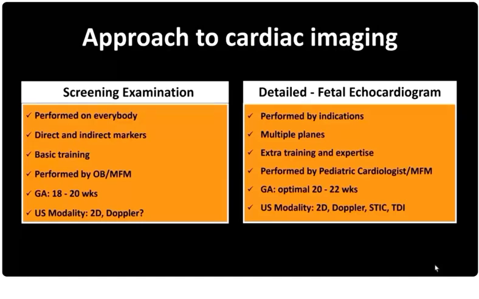Everything that you can imagine: 2D, Doppler, STIC acquisition, or any type of volume imaging, and assessment of cardiac function, all of that could be a part of the fetal echocardiogram. No wonder that exam requires training and expertise that is usually available in pediatric cardiology settings or MFM. Traditionally, we perform those exams between 20 and 22 weeks. This is the optimal time, but indeed, at any time during the pregnancy, from 12 weeks to 40 weeks gestation, if a cardiac anomaly is suspected, we should perform the fetal echocardiogram.